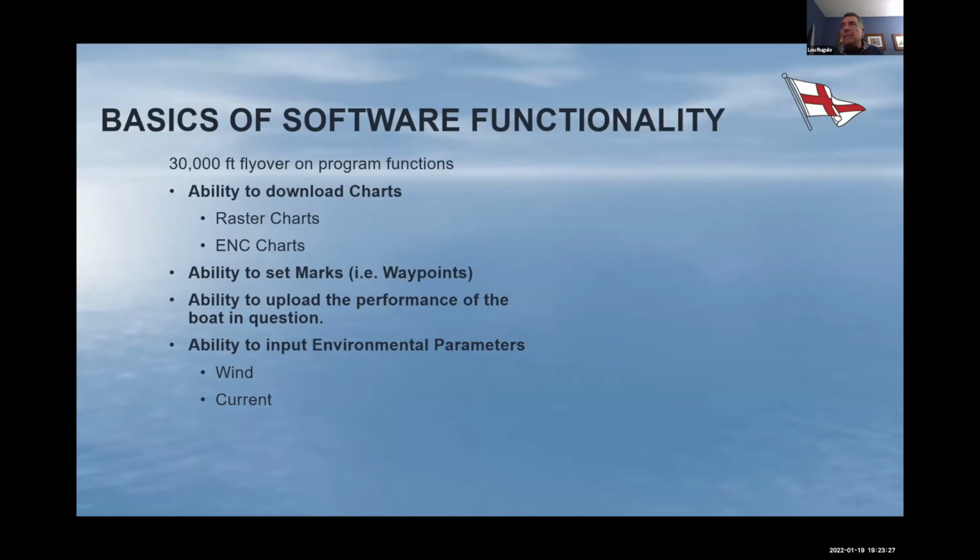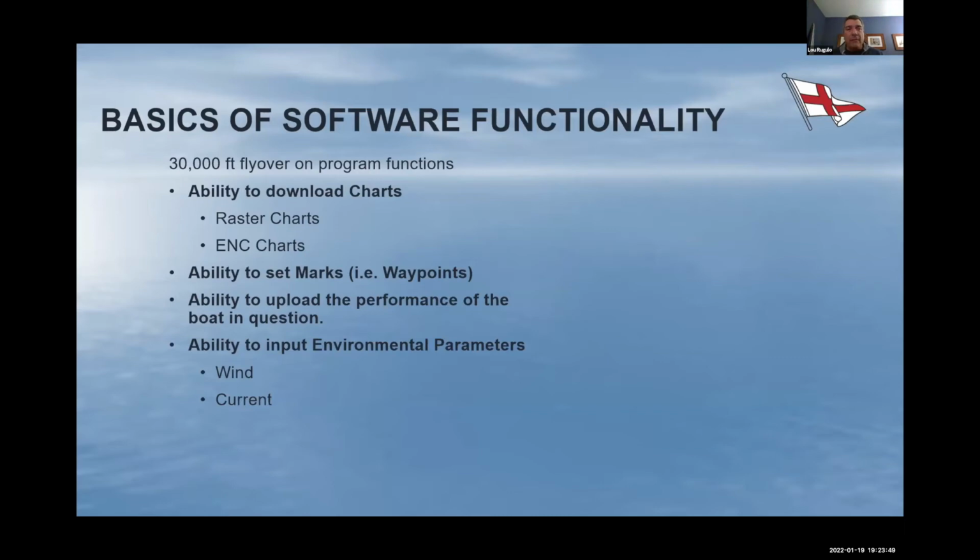The other piece about marks and waypoints is you also need a way to put in information about obstructions and the draft of your boat and those kinds of things, so it can figure those things out. The next thing is the ability to upload the performance of the boat in question.